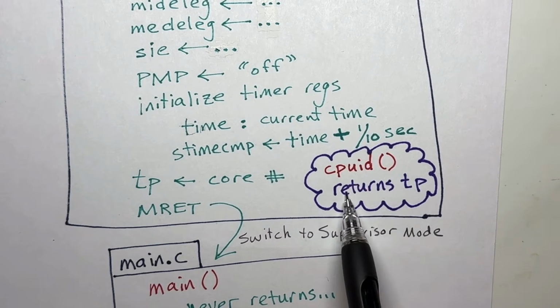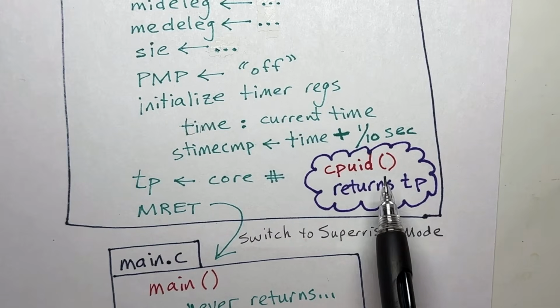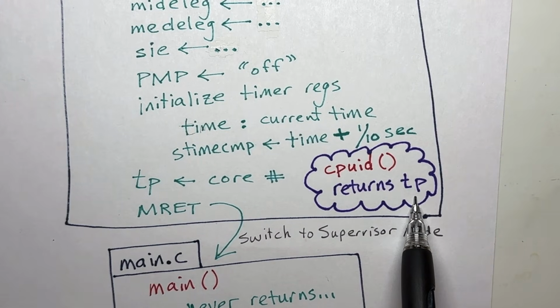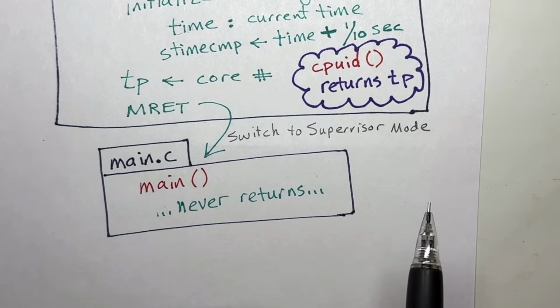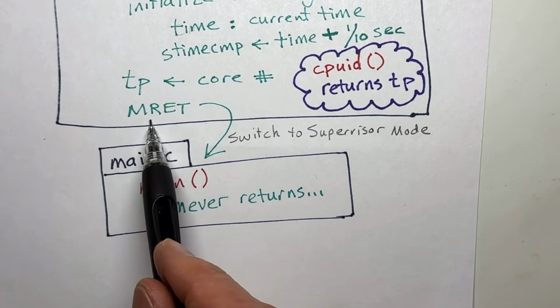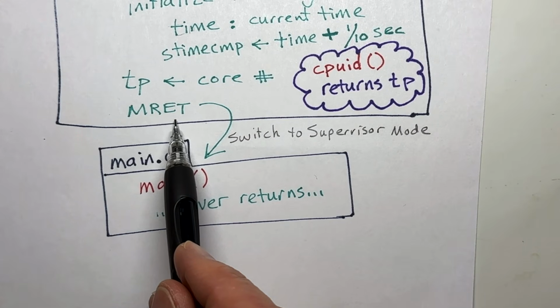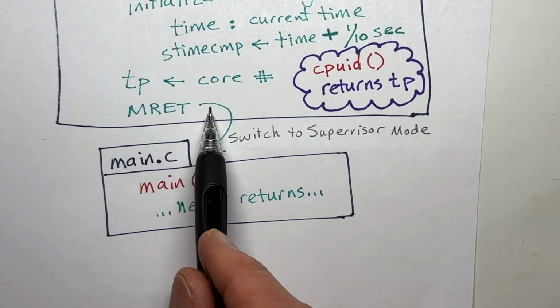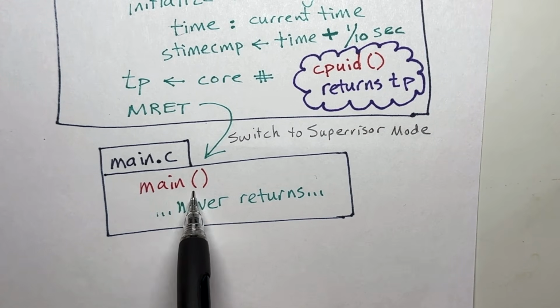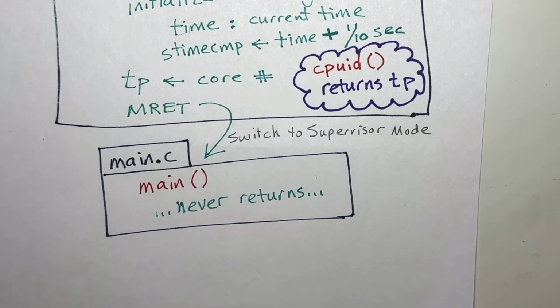There's a function called cpuid, which is called all over the kernel, and it just returns the value saved in the TP register. Finally, start sets up for and then executes the mret instruction. This will simultaneously switch into supervisor mode and make the jump to the main function. Main will never return and will stay in supervisor mode with user programs running in user mode, but never again returning to machine mode.